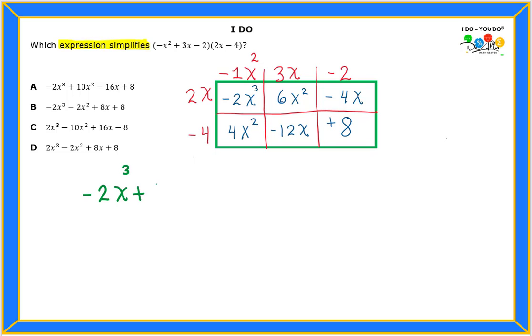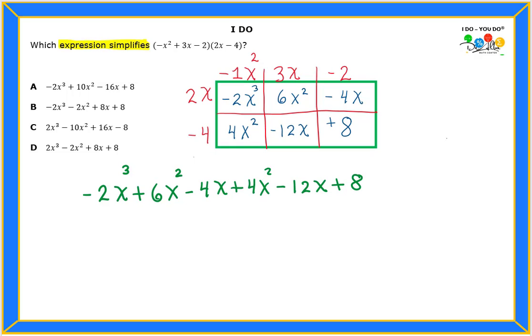And I'm going to continue with 6x squared, go to the right, minus 4x. Got it? Okay, now we're going to go to the last one. 4x squared has nothing, so that means positive. Then minus 12x. And last but not least, plus 8.